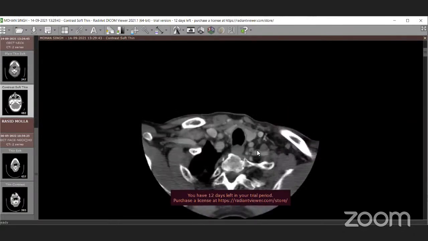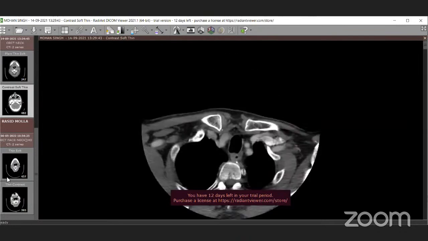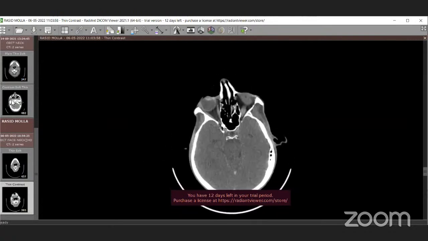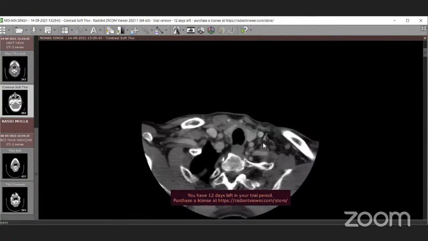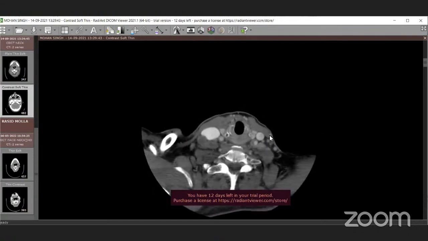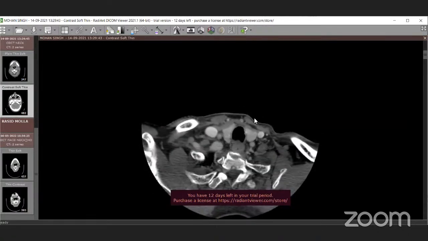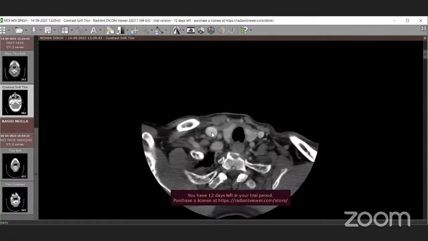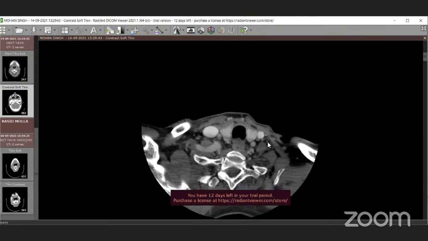First thing, I beg your pardon, this imaging data set does not include the entire brachiocephalic vein. We have the IJ on either side.